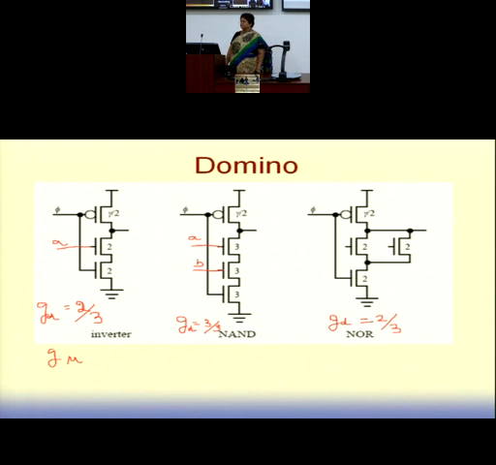It behaves like a skewed gate. If it's a dynamic gate which operates with a clock, there is a pre-charge transistor, there is an evaluation transistor, and we have input going to the NMOS block. So this becomes a dynamic inverter. This becomes a dynamic 2-input NAND. This becomes a dynamic 2-input NOR. Like one stage.